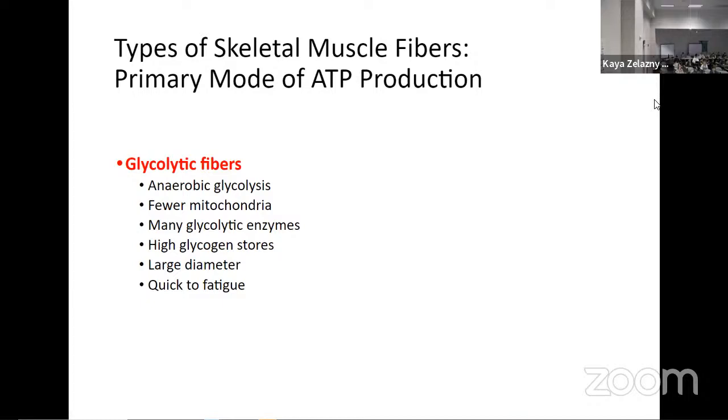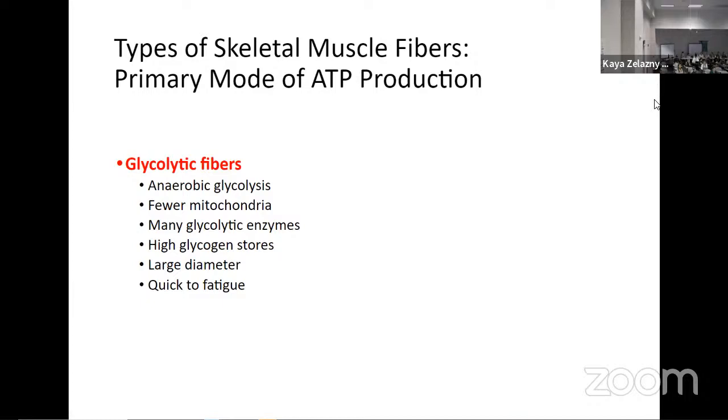So because glycolytic fibers are adapted to do glycolysis specifically, they really don't have many mitochondria because this is not important to the way that they are producing energy. So if you're looking at a glycolytic muscle fiber, it's not going to have all that many mitochondria. What it is going to have is tons of glycolytic enzymes.